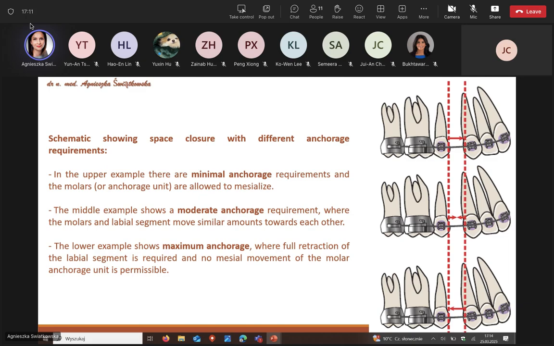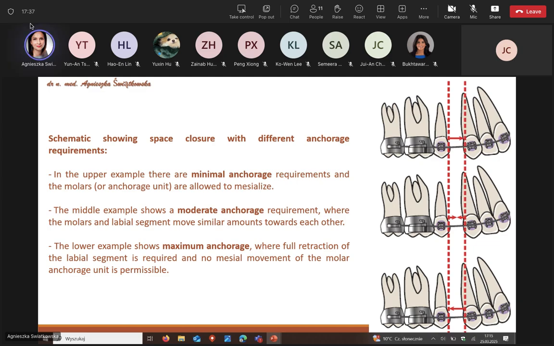This situation we have when we are planning orthodontic treatment with fixed appliances, and we have patients, for example, with a huge protrusion of upper incisors, huge overjet. In this situation, we can plan this kind of extraction. And now, we could have minimal anchorage.